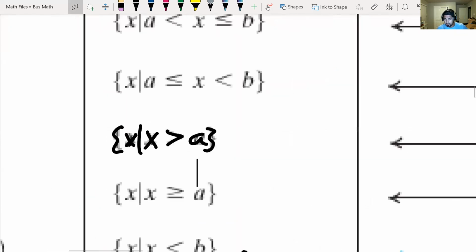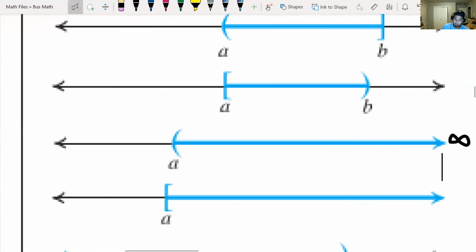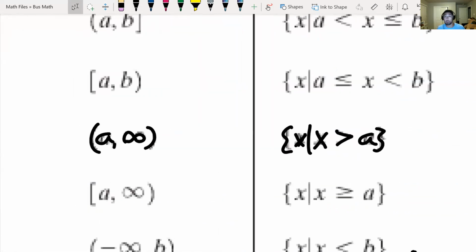Which means let's look at the number line. We start at parentheses A, and we go all the way to infinity. That arrow is pointing towards infinity. Do we know what infinity is? No. We just know it's a really large number, right?